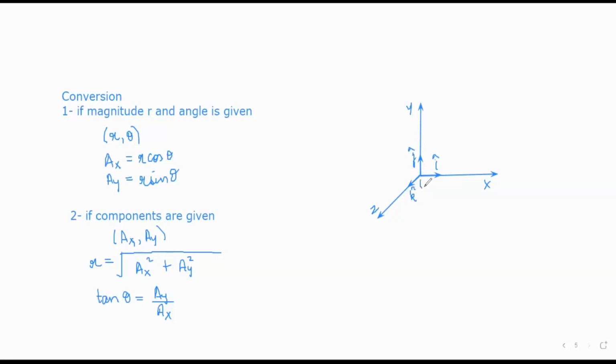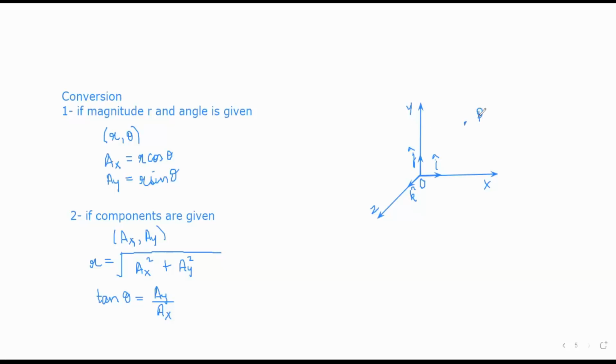This is the origin. If we take any point P in 3D space, it is not compulsory that it will lie on that 2D plane. It can be somewhere out of the plane of the screen.